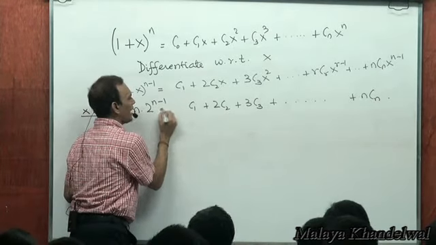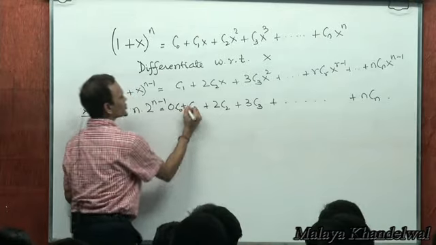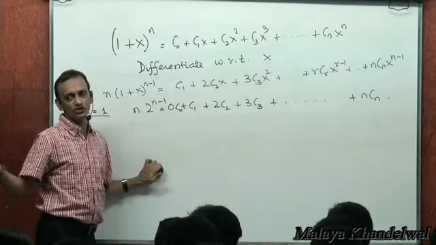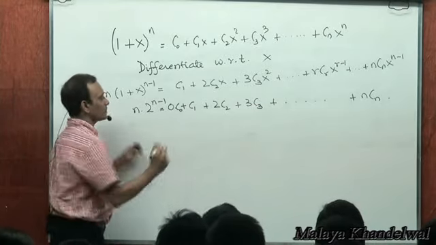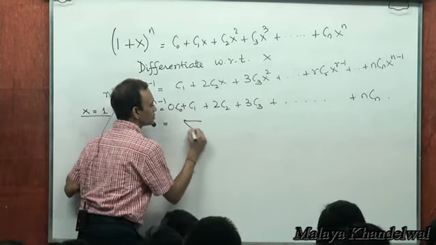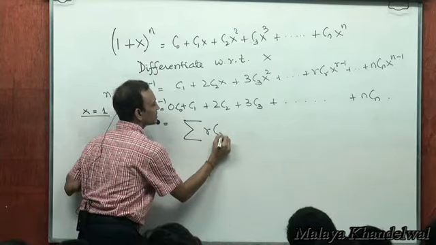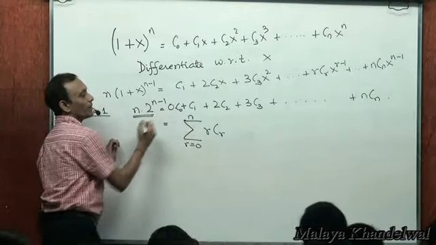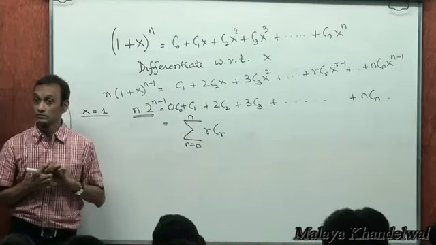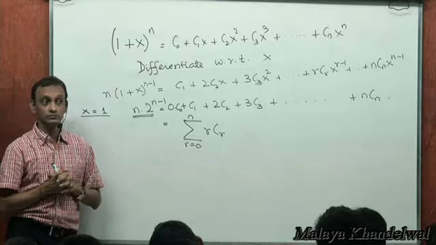And in this, if you add 0 into C0, there would be no loss of generality, because 0 into C0 is anyways 0. So is this not summation rCr, r equal to 0 all the way to n, which is n into 2 to the power n minus 1, right?